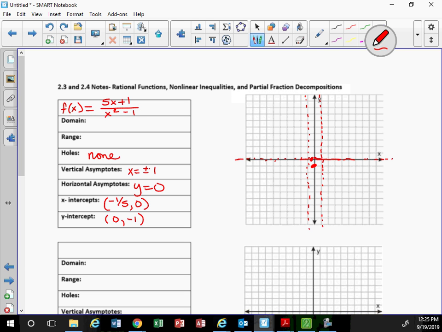So 2 in the numerator gives me 11. 2 in the denominator would give me 3. 11/3, clearly a positive number, right? Almost 4. Yeah, okay, so I could go to almost 4, put a dot. So I know this side.